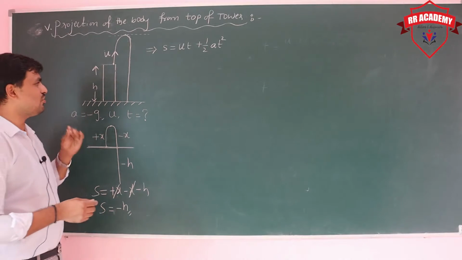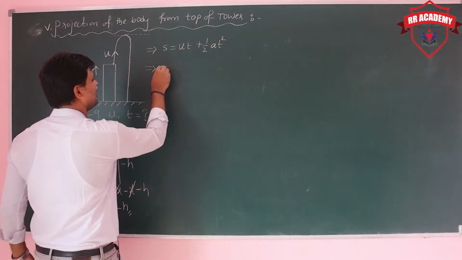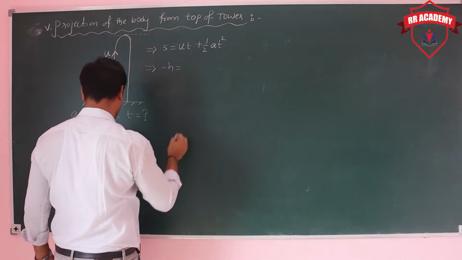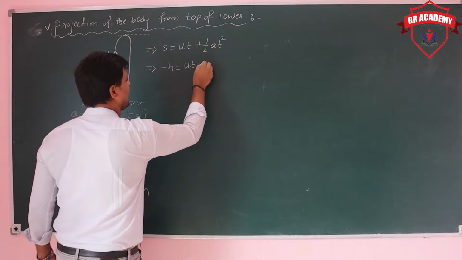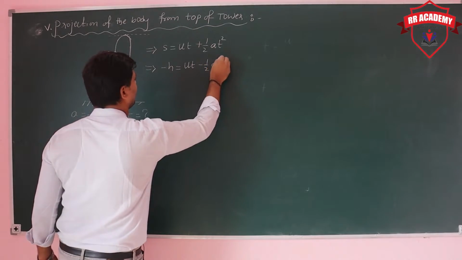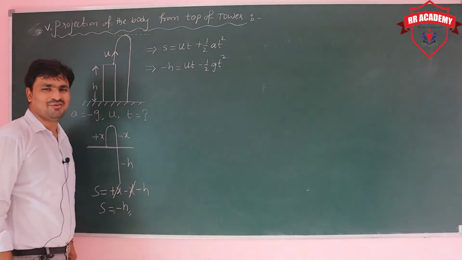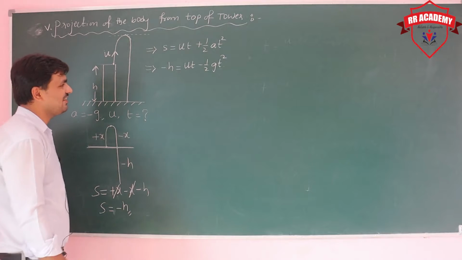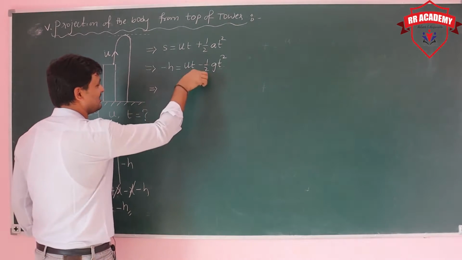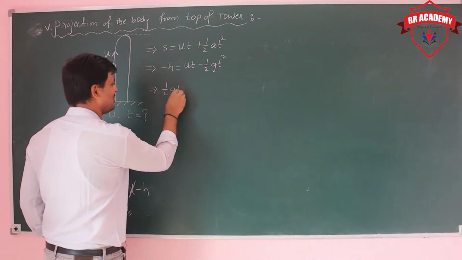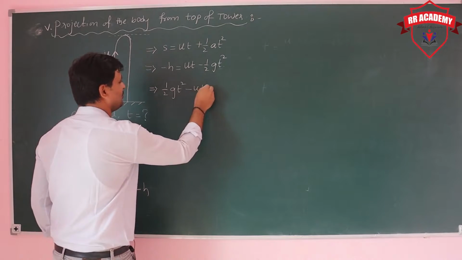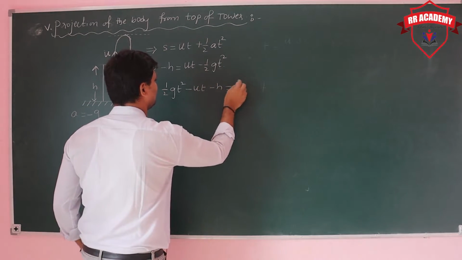Just substitute all these values in the expression, then we get minus h is equal to ut minus half gt square. So we can write the expression as half gt square minus ut minus h is equal to 0.